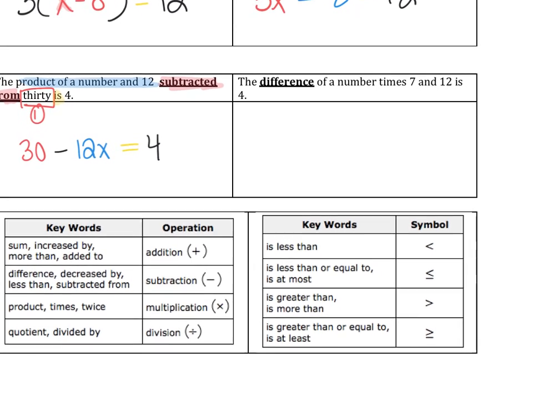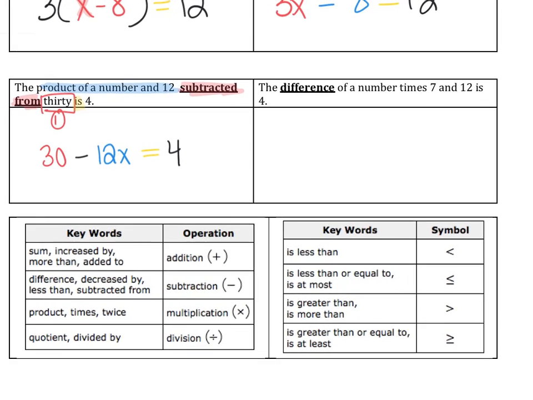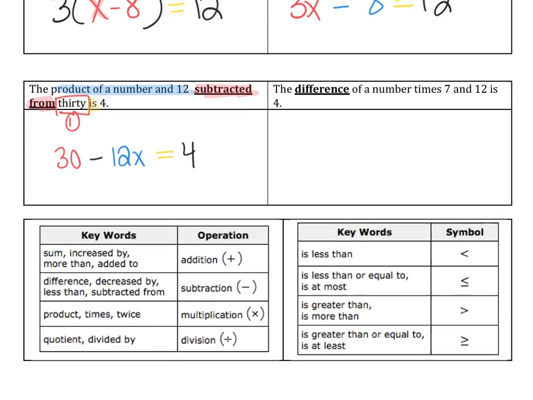In the next one, we have the difference of a number times 7 and 12 is 4. Okay, so in this one, difference is the key word here to figure out what the operation is, but it does say a number times 7. So I'm going to do that part first because I know that times comes first.